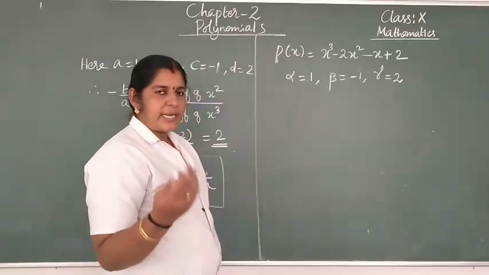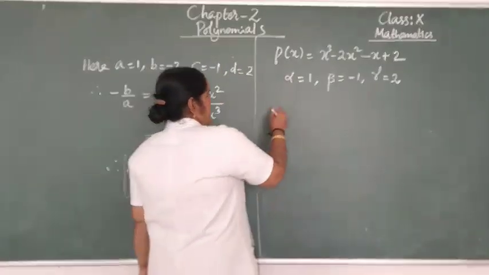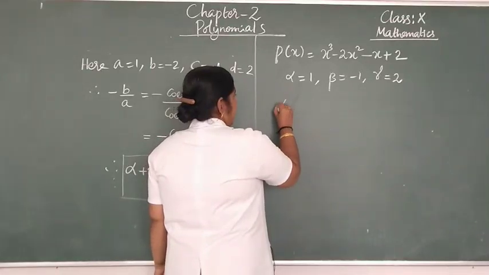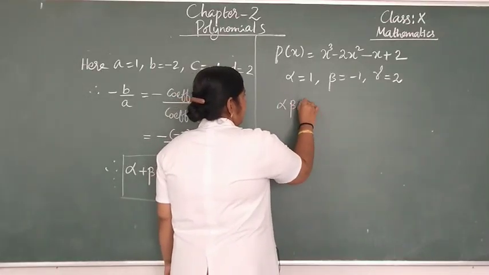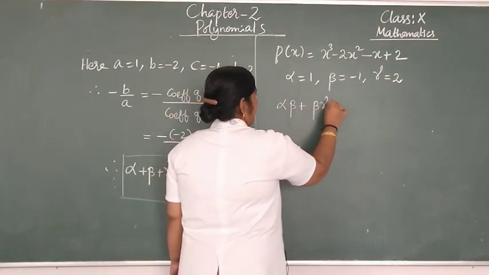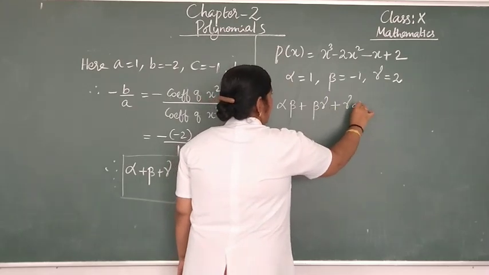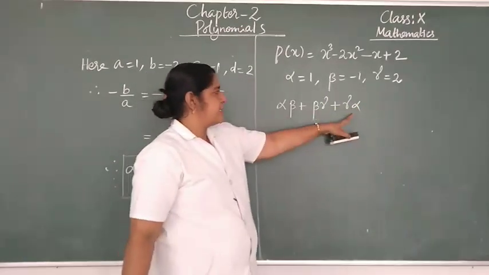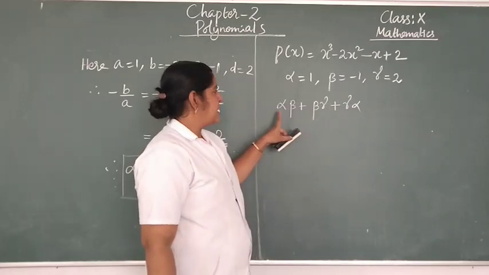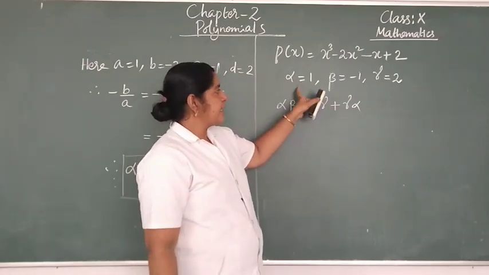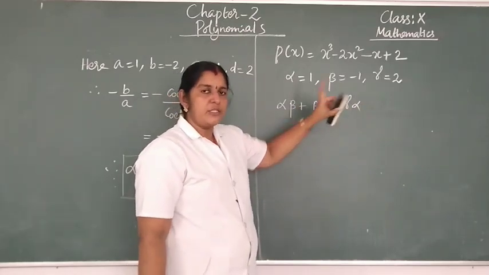So to get the second relation, we need to consider alpha beta plus beta gamma plus gamma alpha. What is the meaning of this? This is actually the sum of the product of the zeros taken two at a time.